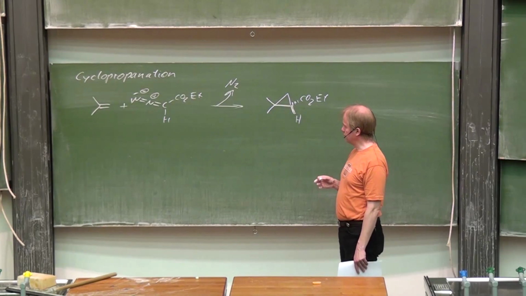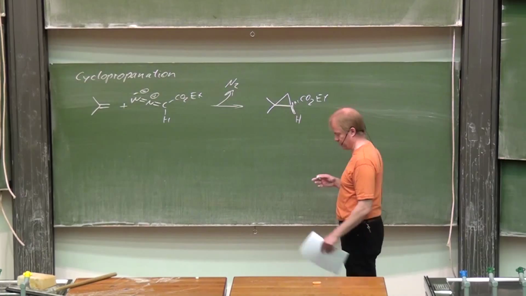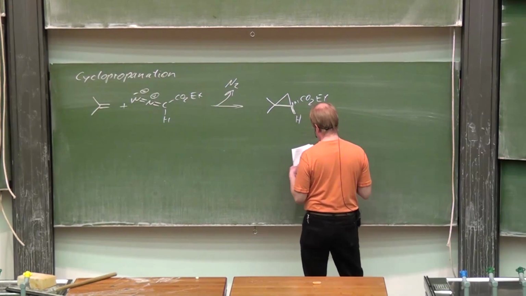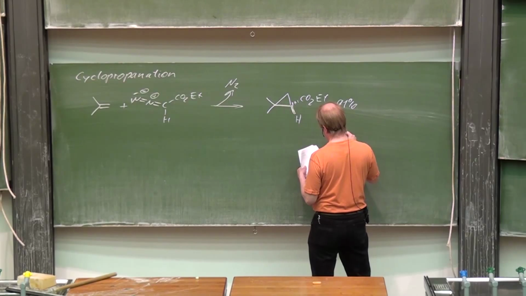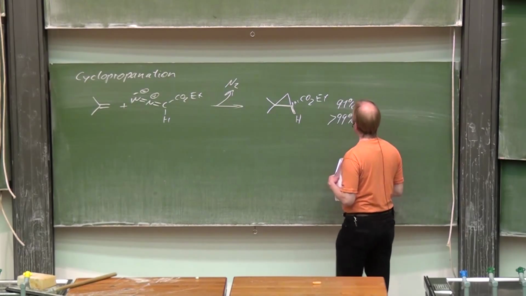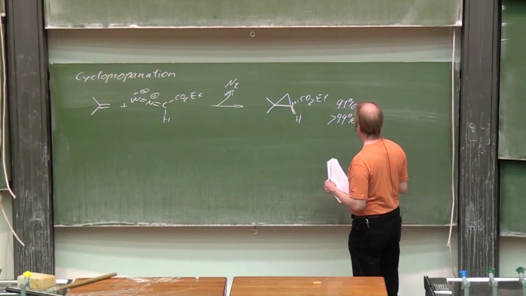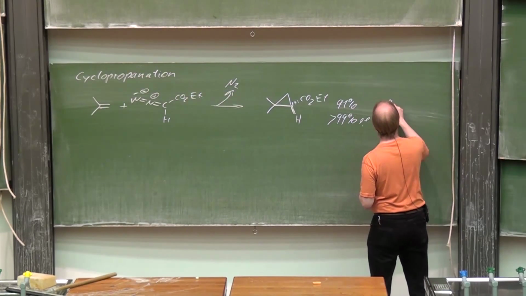Well, actually, this is the case where copper catalysis works best. Therefore, I should add here the example of a copper catalyst. 91% yield and better than 99% enantiomeric excess.